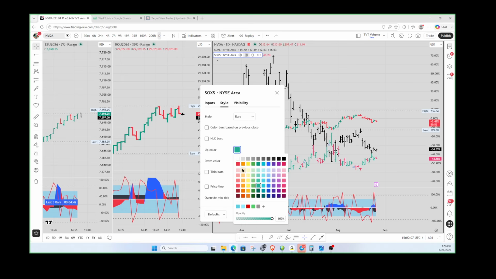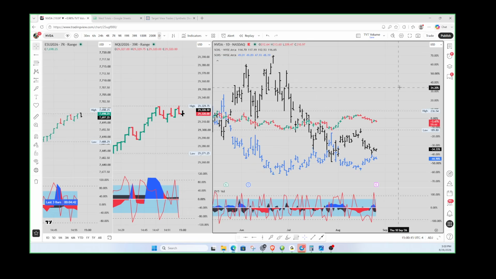I'm going to change these colors too. I'll make this one blue. Okay, blue and blue. So you can see that the SOXS runs opposite the SOXL and NVIDIA. You see that? So the difference is that this guy right here is half the price of these other two.